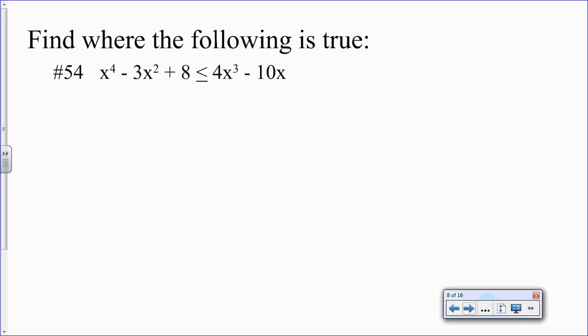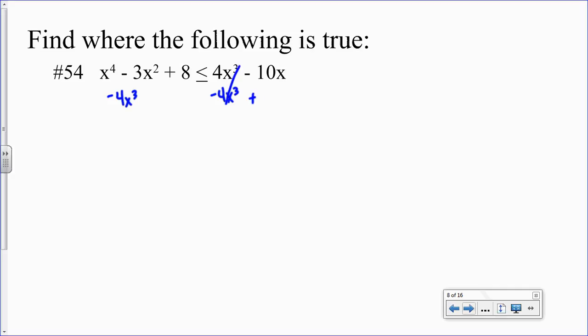So we want the right side to be 0, so let's move the two terms on the right over to the left. I'm going to subtract 4x cubed, and I'll put it here between x to the 4th and x squared.